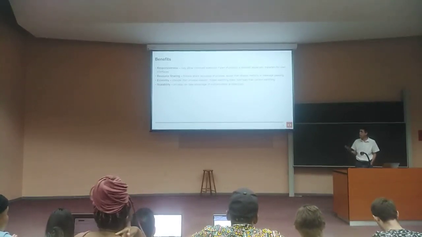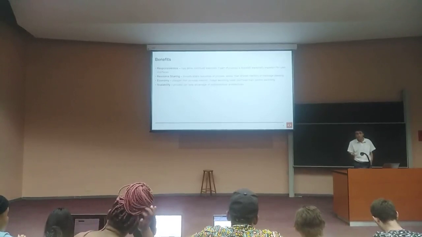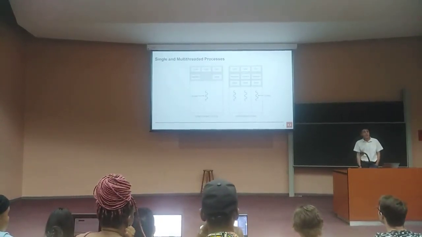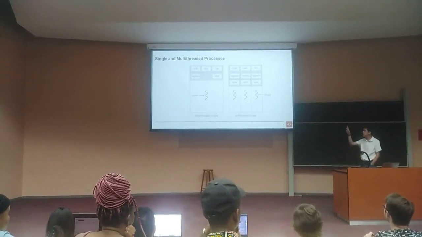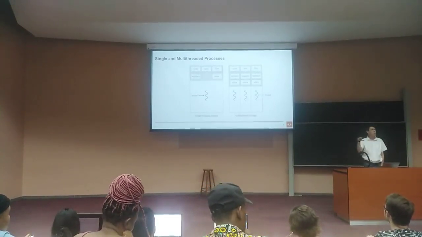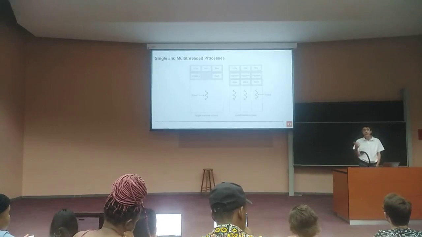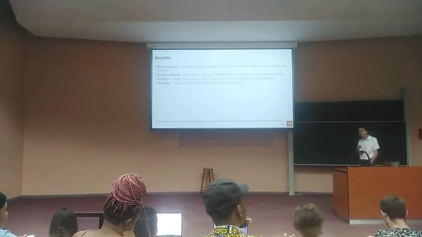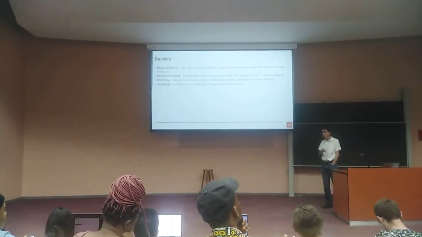Another thing is what they call resource sharing, which is very simple. We've already seen that threads share the same code and the same data. So typically things like global variables are very easy to share between your threads, whereas if you do that between processes, it's a lot more complicated.